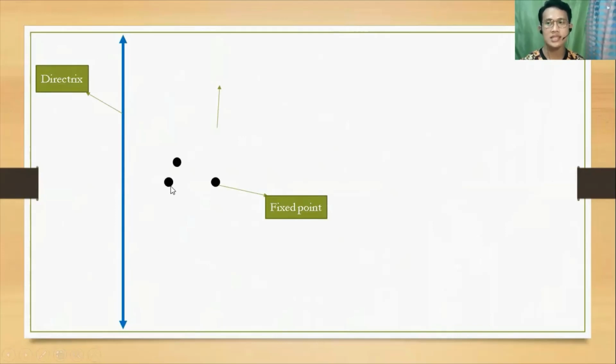Or let me say, let's assume this is our vertex. So vertex H and K. And this will determine the parabola's characteristics, whether how it will open.